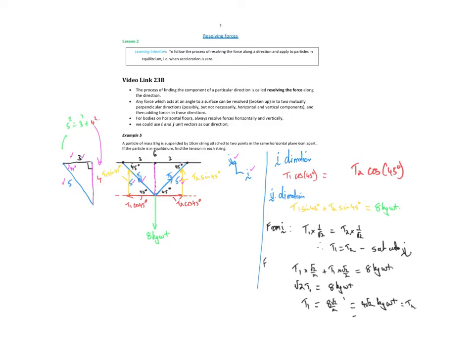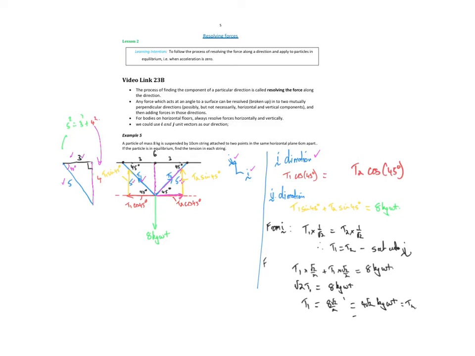an inclined surface. So if I consider all the forces acting horizontally, I've got this tension force T2 acting up to the right, which means I could split this up into a horizontal force, which I've made pink, and a vertical force in yellow.